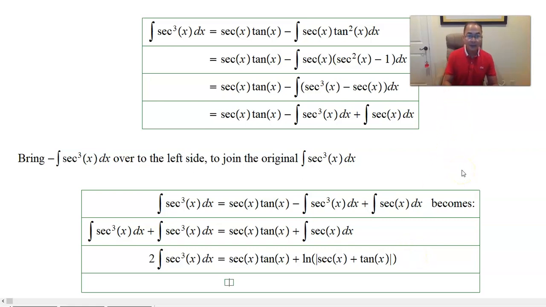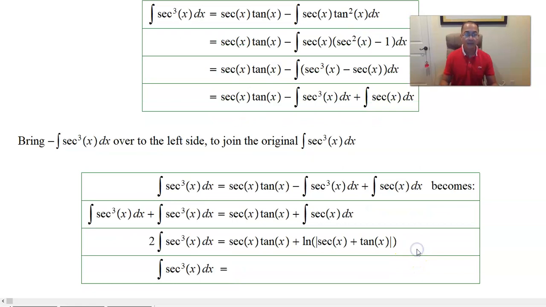So now we can divide by 2, or multiply by 1/2.